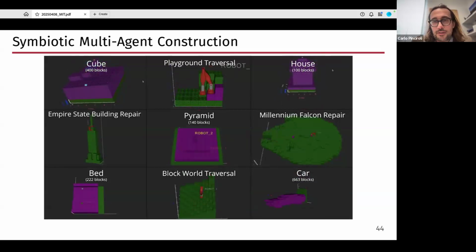But anyway, you can see that the algorithm is able to have multiple robots basically divide the construction in regions, and then every robot builds a part of the region. And it can do this without deadlocks, and with particularly large structures.